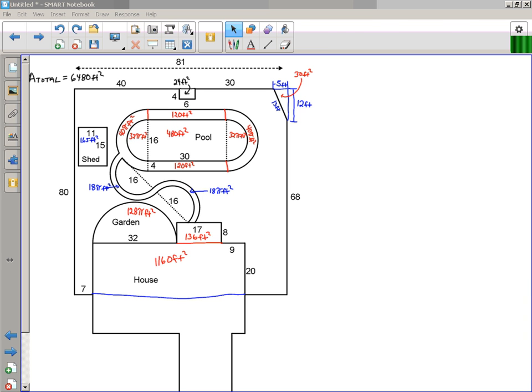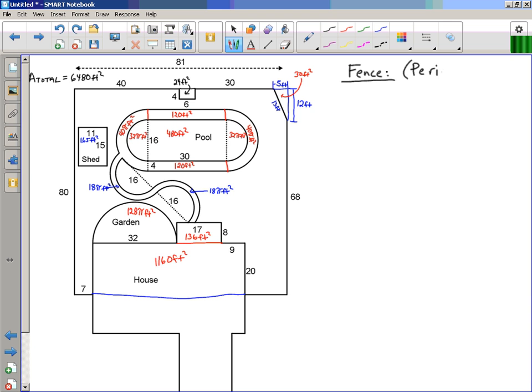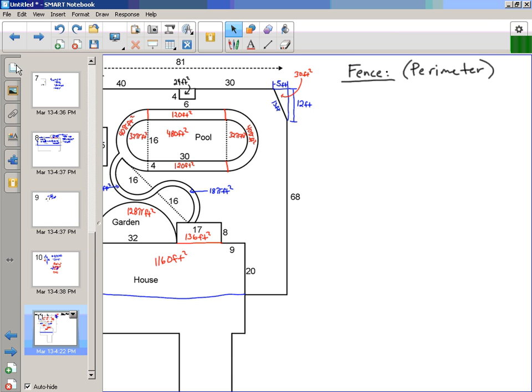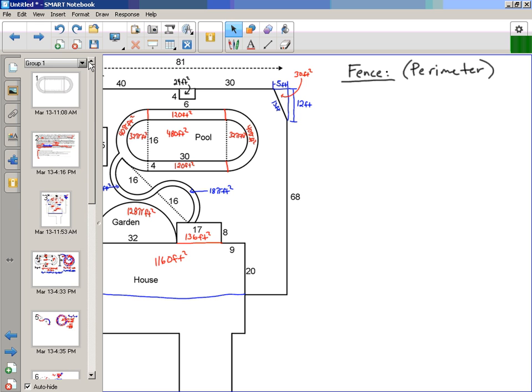Okay, so I've tried to clean this up for you guys. I know that it's smaller, but I needed some room to work out here to the side. So first off, we're going to talk about the fence. The fence is basically the perimeter. So with the fence, they did tell us that way back in our first slide, let's see if I can find that slide.